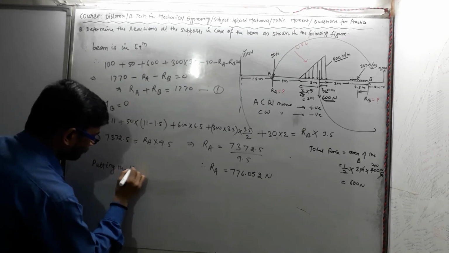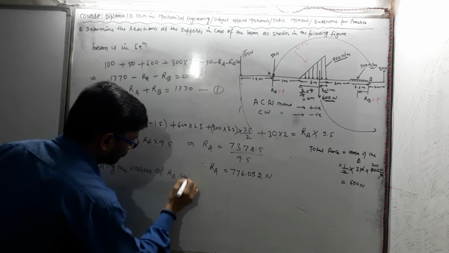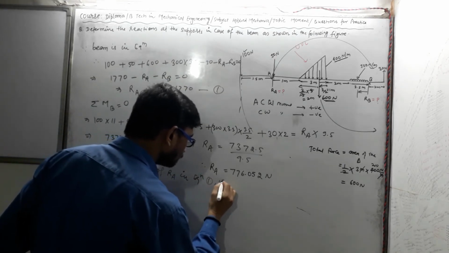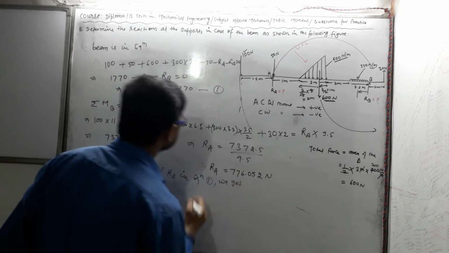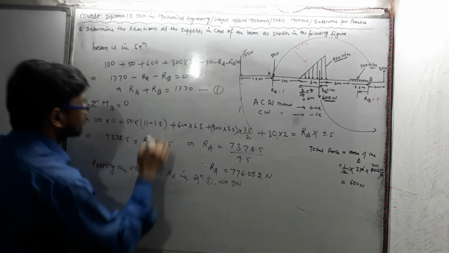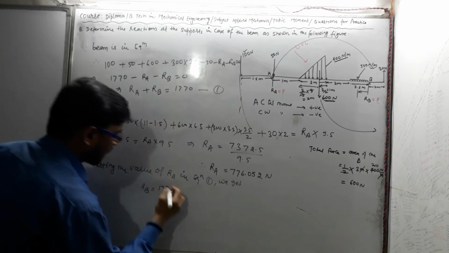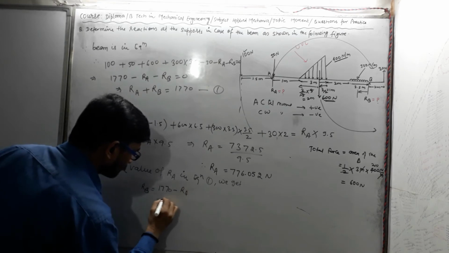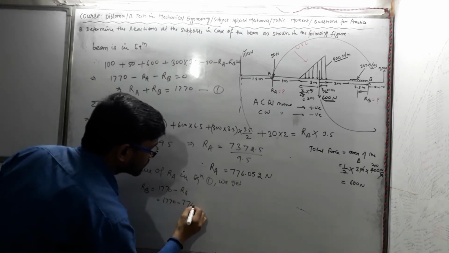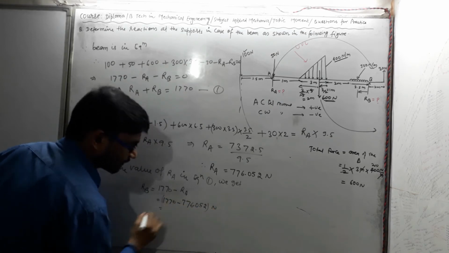Once we got the value of RA, putting the value of RA in equation 1, we get RB equals 1770 minus RA. So 1770 minus the RA value 776.052 Newton.